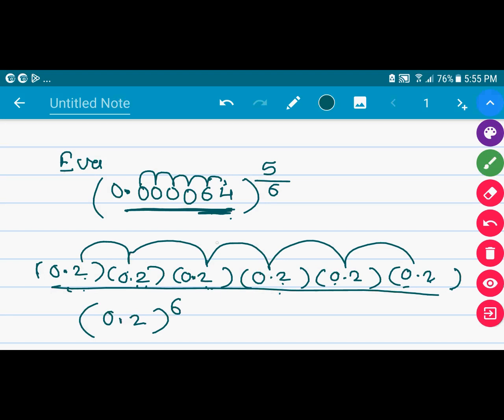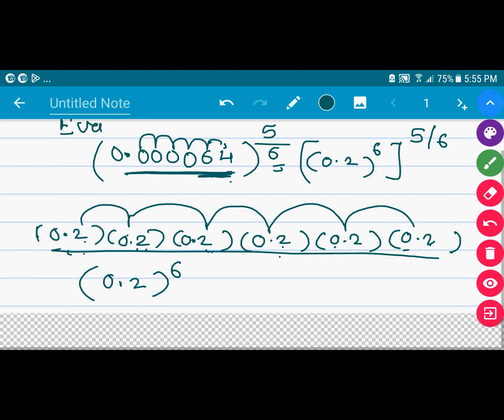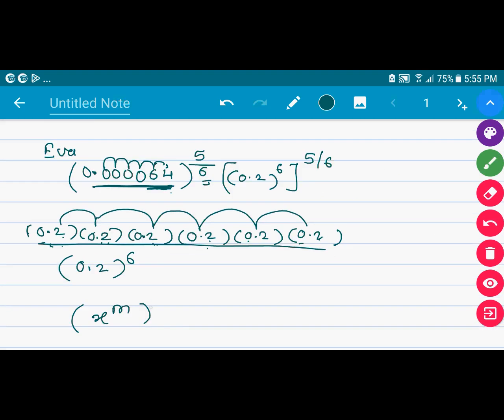What does it mean? 0.2 multiplied 6 times with itself means 0.2 raised to 6. So our equation becomes 0.2 raised to 6, the whole raised to 5 by 6. The law of exponents says: if x raised to m, in brackets, is raised to n, then we do x raised to m multiplied by n.